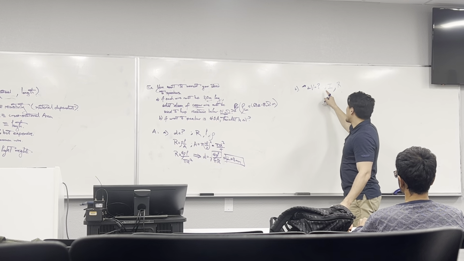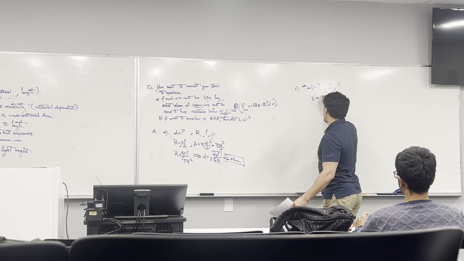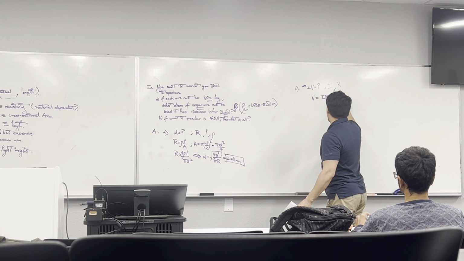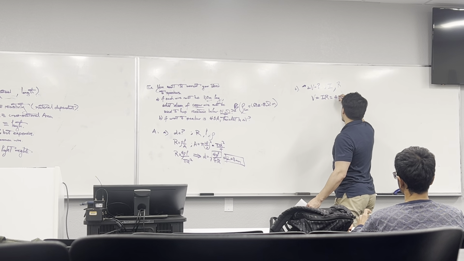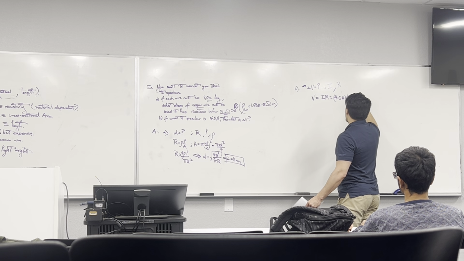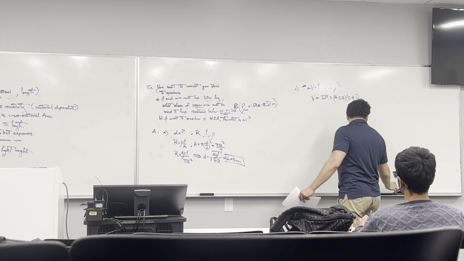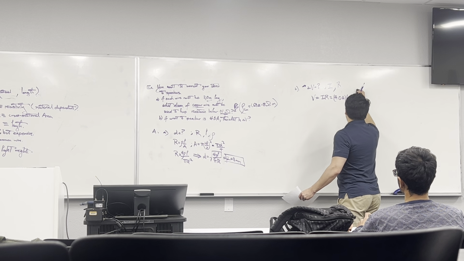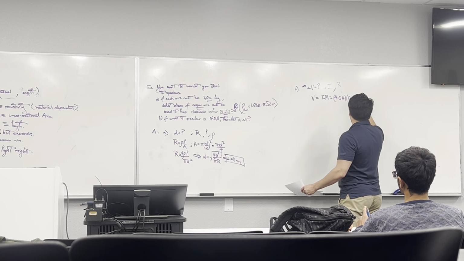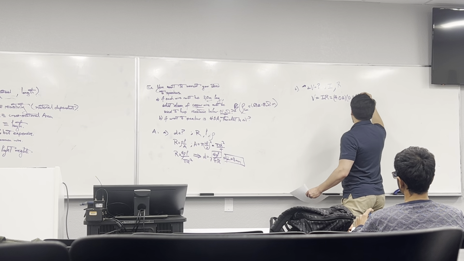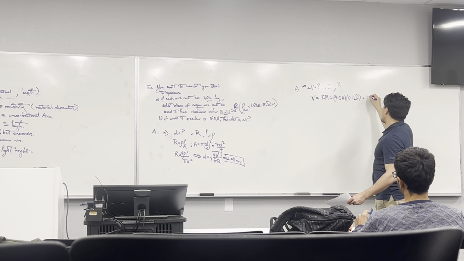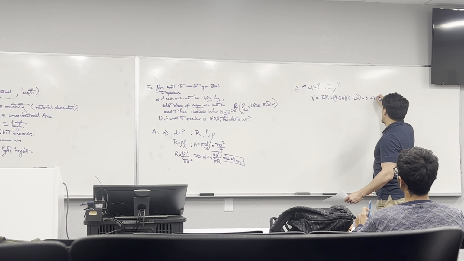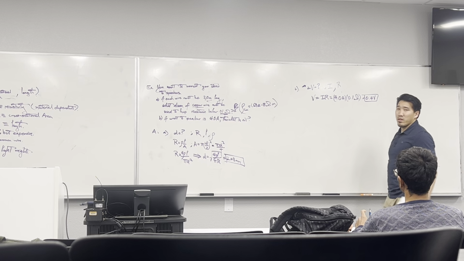And so this looks like an Ohm's law problem. V is equal to IR. So this is going to be 4 amps times 0.1 ohms. 0.1 ohms is the resistance, so we get a value of 0.4 volts, and that will be the final answer.